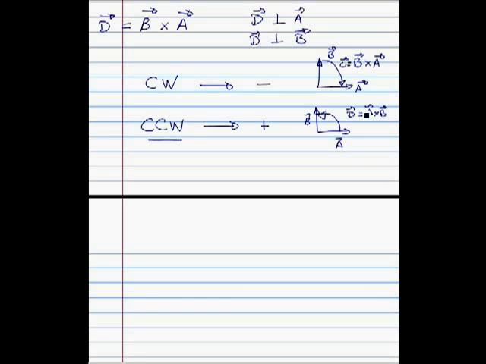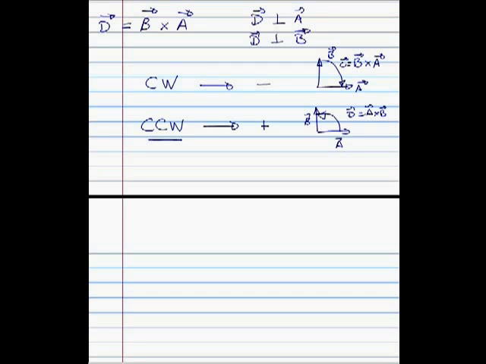So technically, the cross product is not really a vector. If you take the product of two vectors using the cross product, it gives you what we call a pseudo vector, because this vector is not invariant under reflection because of that flip in direction. But you'll see that again in calculus, I think.